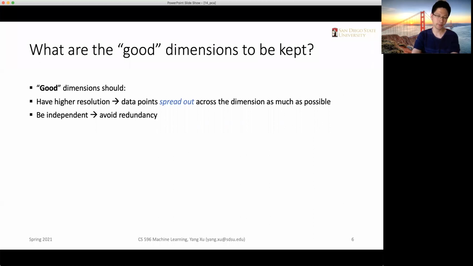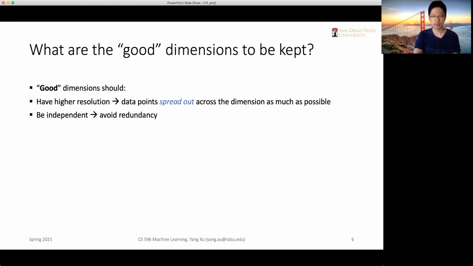We say better, so we are actually comparing them, right? So there must be some standards, some threshold to use to determine how good a dimension is, what are the good dimensions to keep, right?